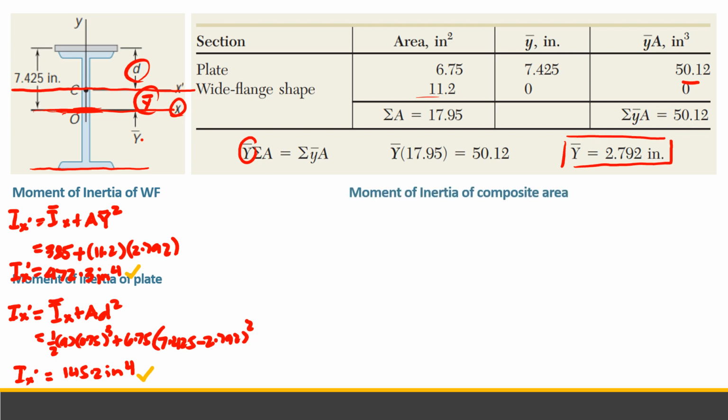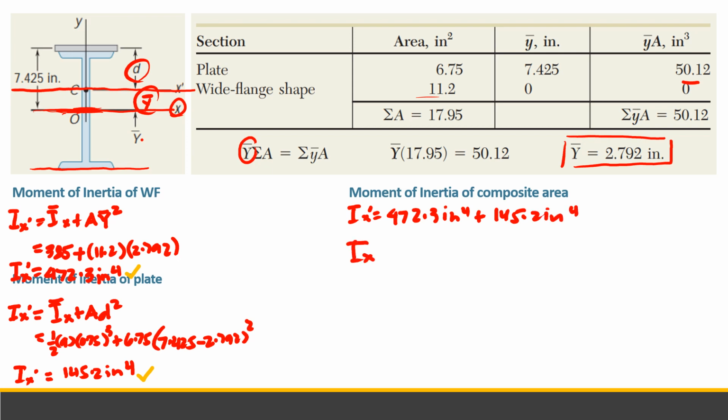Okay, so ngayon naman for the composite area, so we'll just add the moment of inertia ng dalawa. So Ix prime is equals to, so first is 472.3 inch to the 4 plus 145.2 inch to the 4.